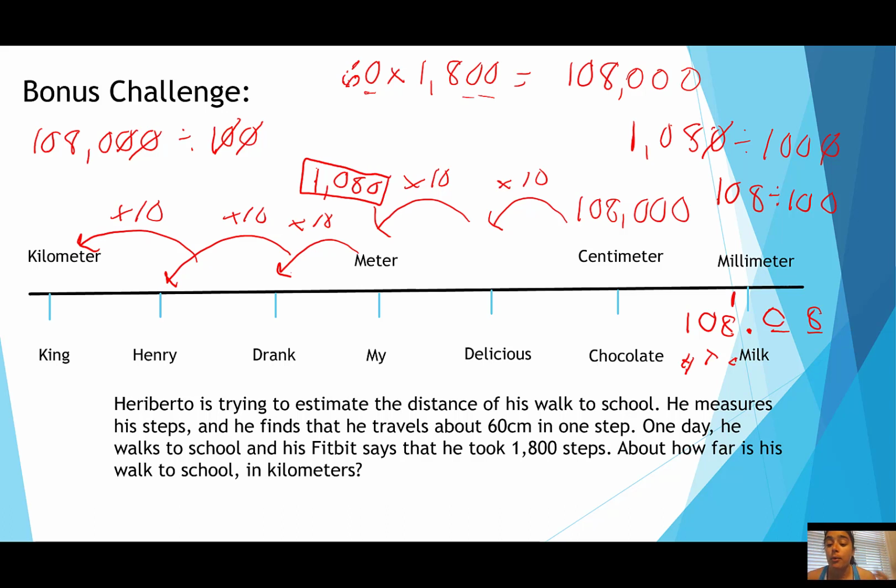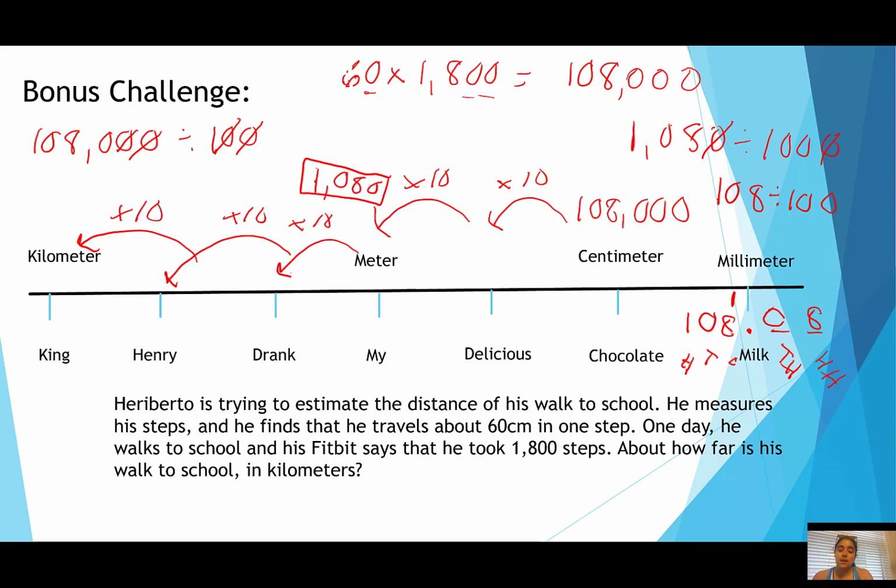So approximately how many kilometers does it take Heriberto to walk to school? You see my 8 in the ones place, move to the hundredths place. My 0 in the tens place, move to the tenths place. My 1 in the hundreds place, move to the ones place.